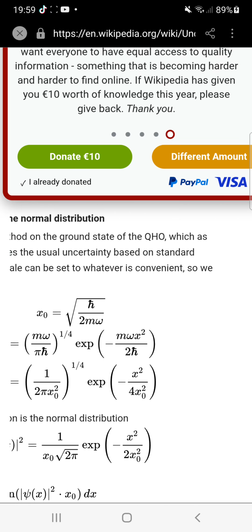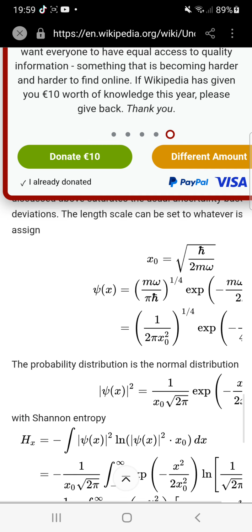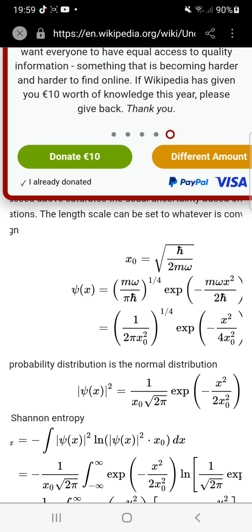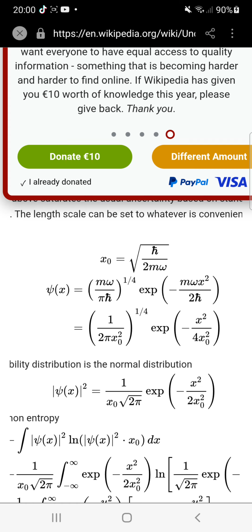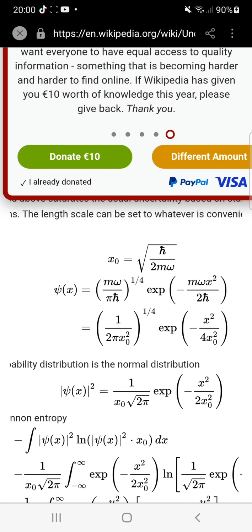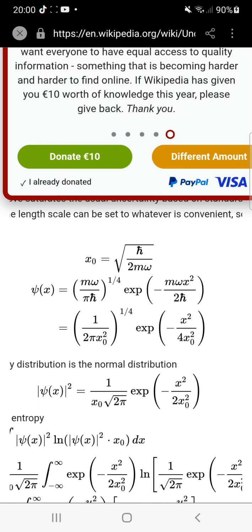The limit scale can be set to whatever is convenient, so I assign x0 equals root of ħ divided by 2mω, g(x) equals (mω/πħ)^(1/4) e^(−mωx²/2ħ) equals (1/(2πx0²))^(1/4) e^(−x²/4x0²).